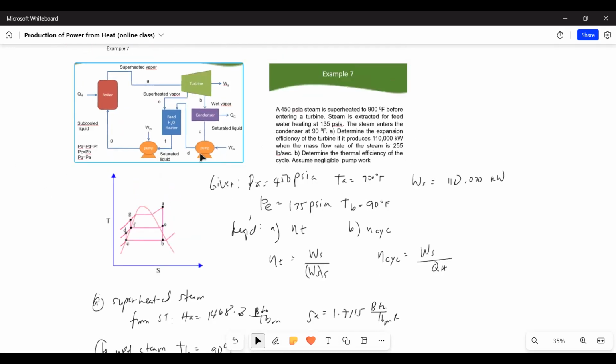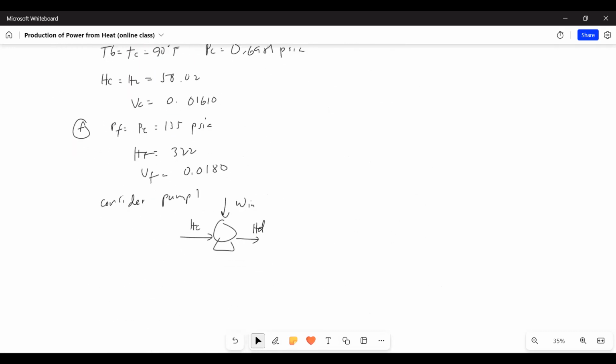Okay, inlet niya ay HC, outlet HD. So remember, our delta H sub S of the pump is equal to V delta P. Okay, so it's VC times delta P, which is PD minus PC.